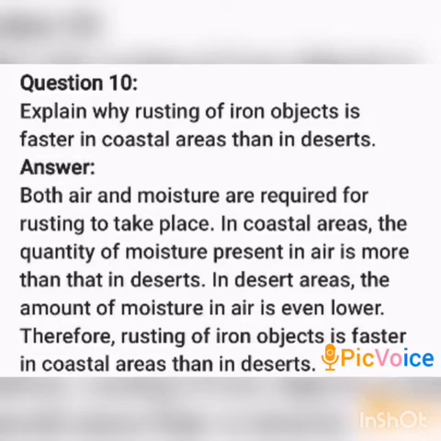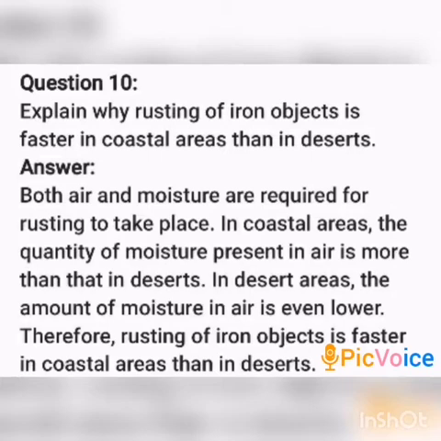Both air and moisture are required for rusting to take place. In coastal areas, the quantity of moisture present in air is more than that in deserts. In desert areas, the amount of moisture in air is even lower.